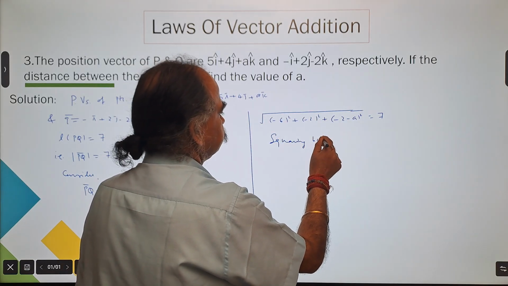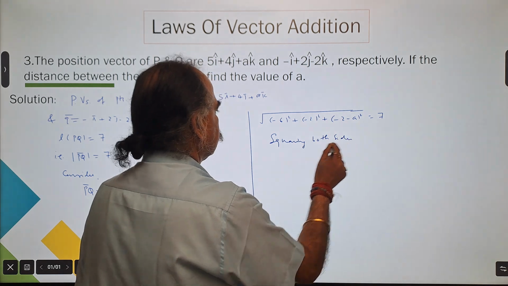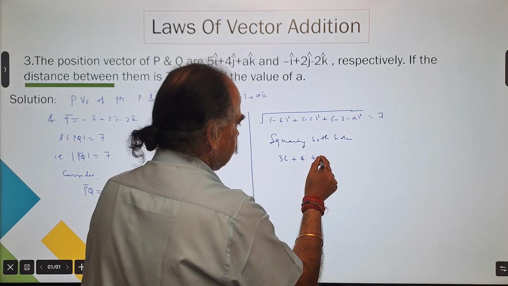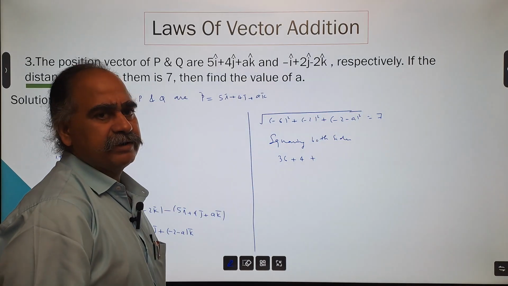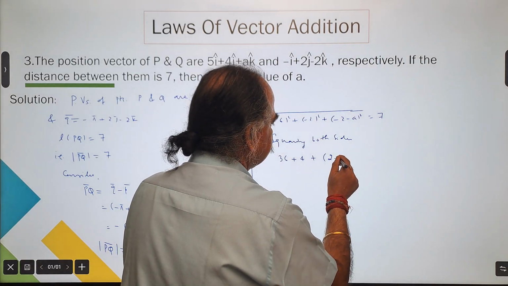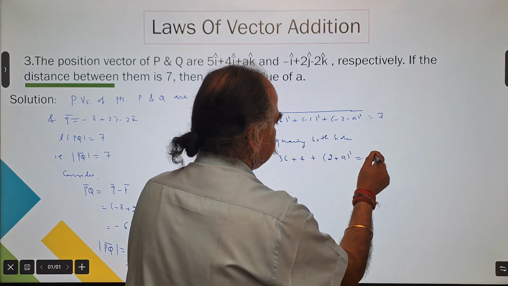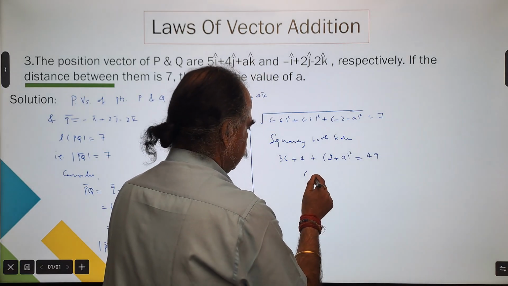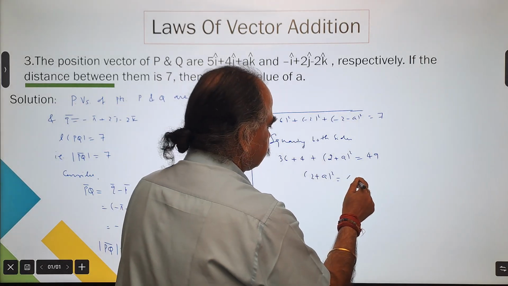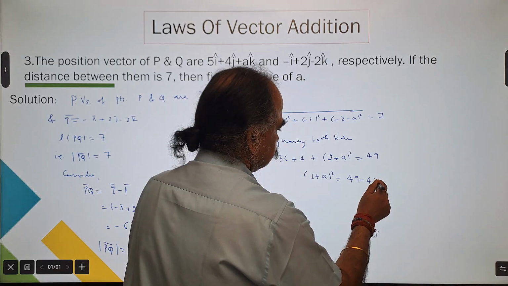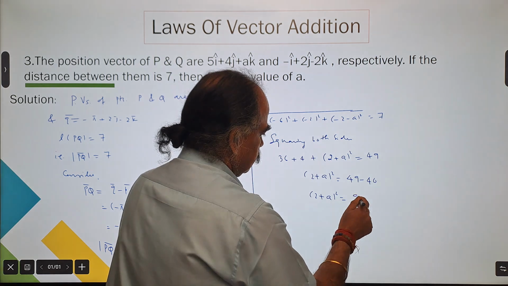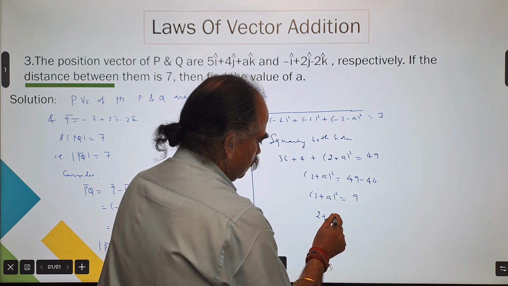Squaring both sides: 36 plus 4 plus, we can take minus common and square of that is plus, so we'll get 2 plus a square equals 49. So 2 plus a square is what? 49 minus 40, so 2 plus a square is 9. 2 plus a is what?